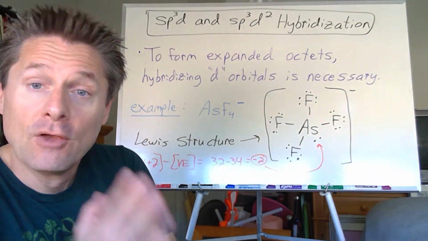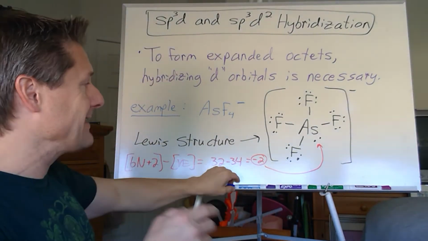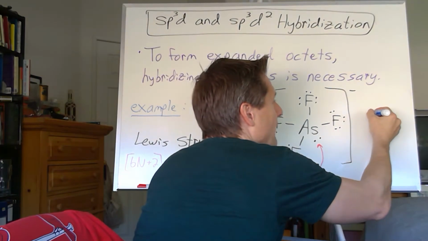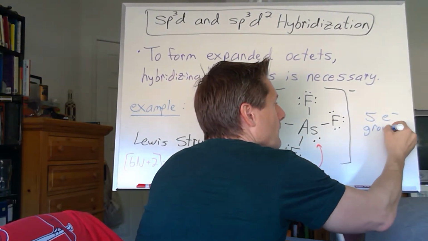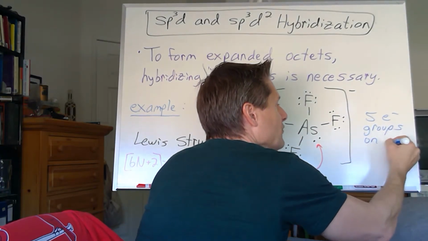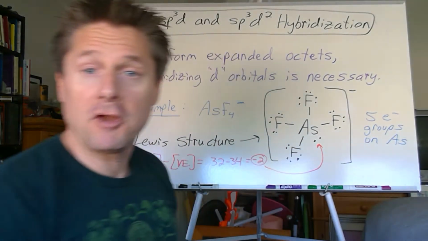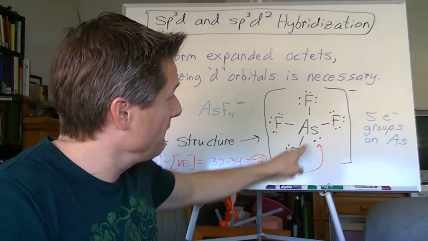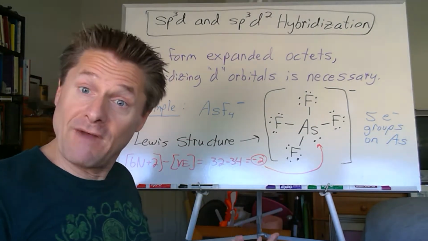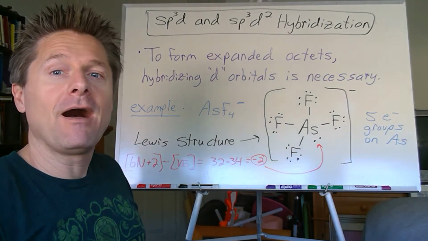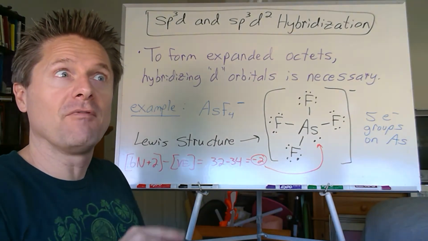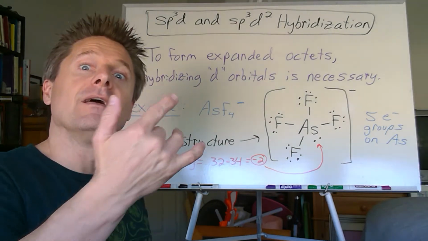So once we have this, we can make the statement that we have 5 electron groups on the arsenic. Everybody agree? 1, 2, 3, 4 single bonds, 1 lone pair. That's 5 electron groups, which means we need 5 hybrid orbitals from 5 atomic orbitals.